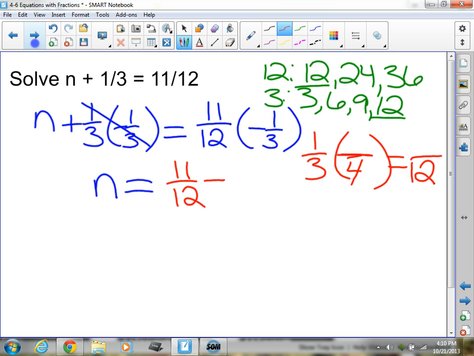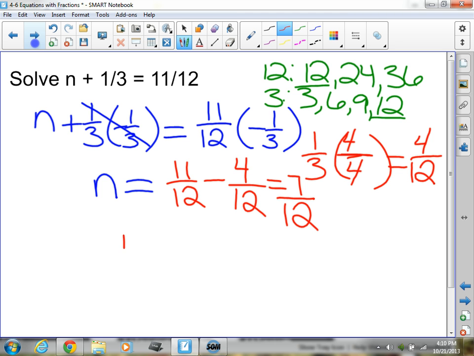Now remember that every time I do something to the denominator, I have to do the exact same thing to the numerator. So 1 times 4 is 4. My new fraction is 4/12. Now I am ready to subtract. 11 minus 4 is 7. Keep the denominator the same.